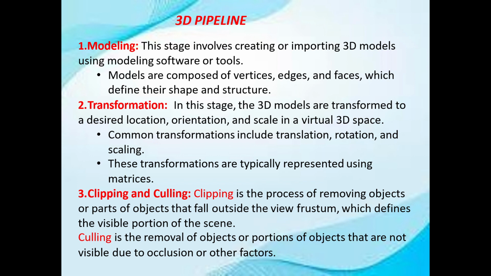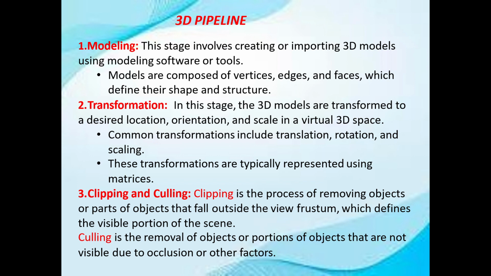Transformation. In this stage, the 3D models are transformed to a desired location, orientation, and scale in a virtual 3D space. Common transformations include translation, rotation, and scaling. These transformations are typically represented using matrices.